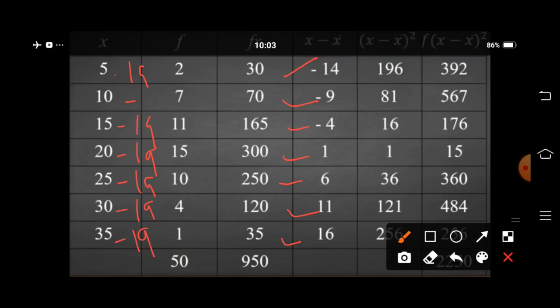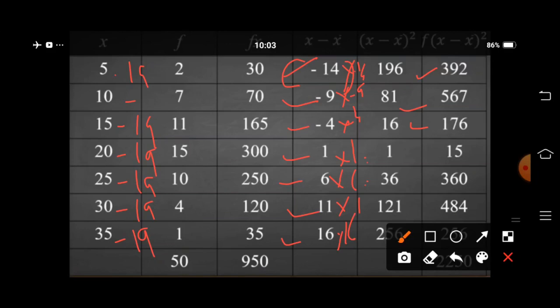Then make the square of this x minus x bar. Minus 14 into minus 14 is 196. Minus 9 into minus 9 is 81. Minus 4 into minus 4 is 16. 1 into 1 equals 1. 6 into 6 equals 36. 11 into 11 is 121. 16 into 16 is 256.